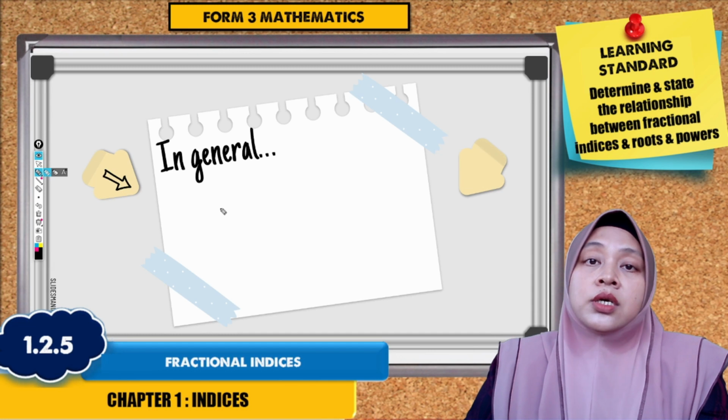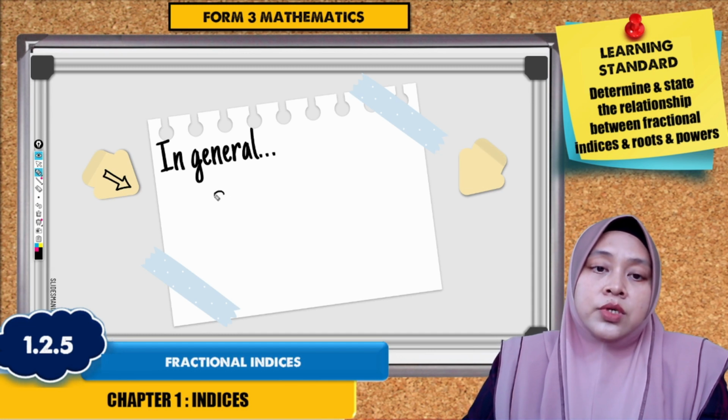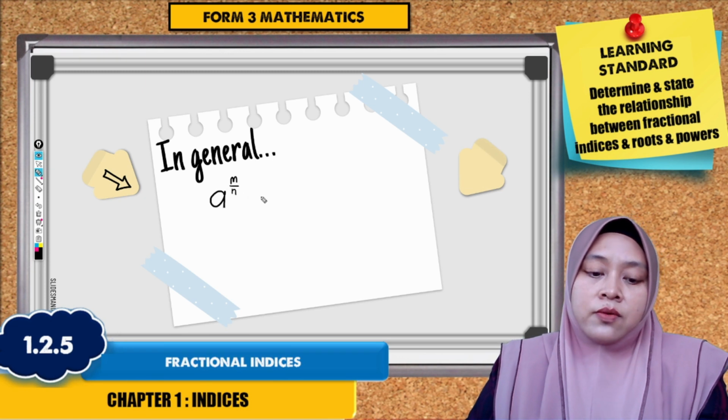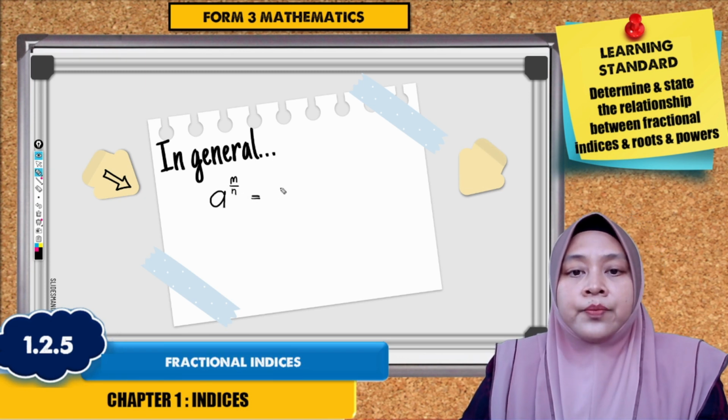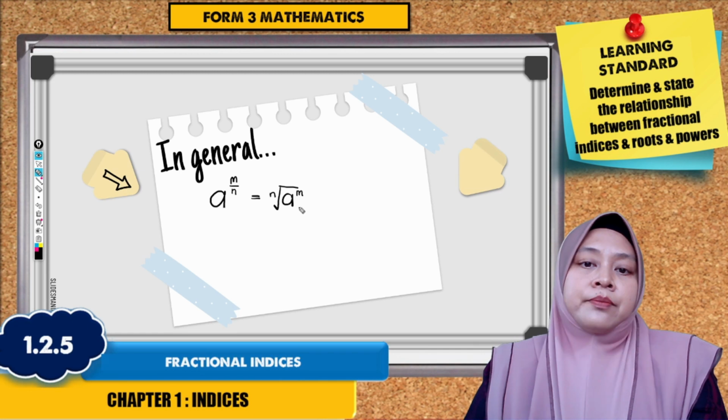Here is the formula you always see, which is a to the power of m over n equals the nth root of a to the power of m.